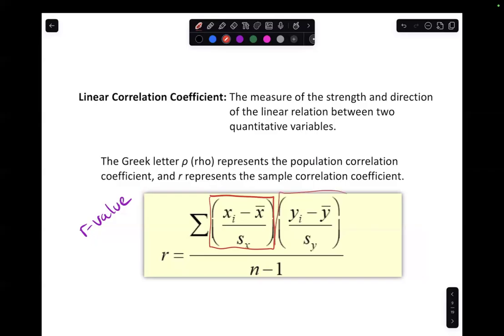This is all of the z-scores of all the y values added together, but we're multiplying them. So actually it'd be like take the z of x1 times the z of y1 plus the z of x2 times the z-score of y2, all the way through all your data values. You're multiplying them together and adding them together, then dividing by n minus 1.